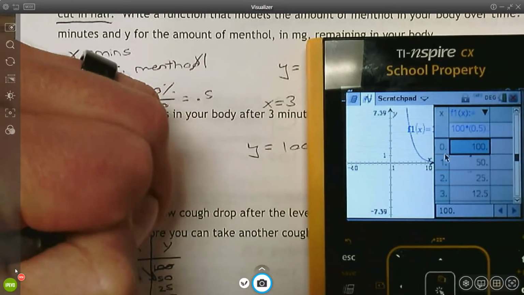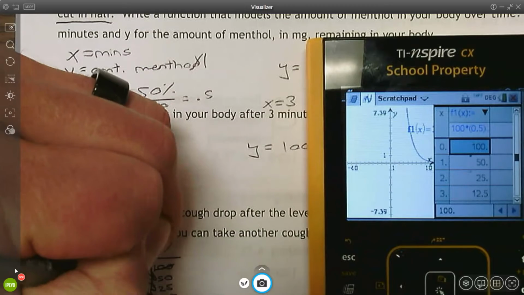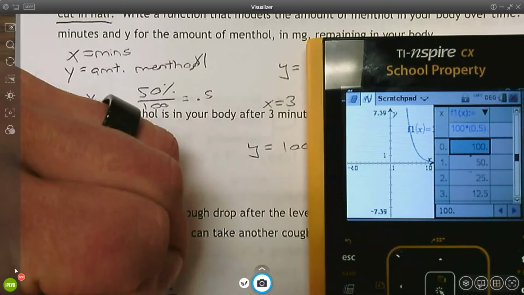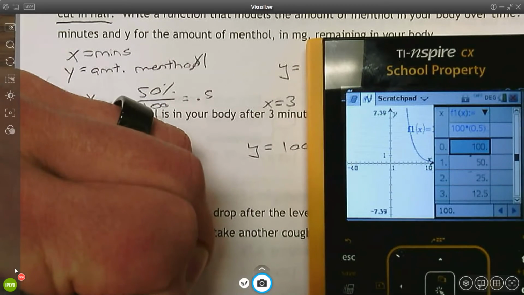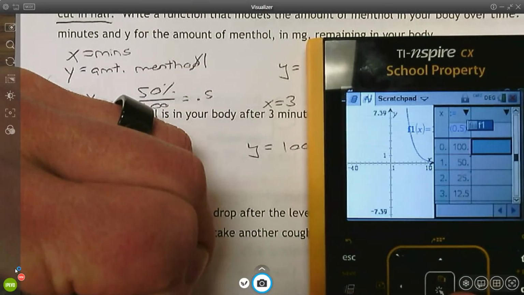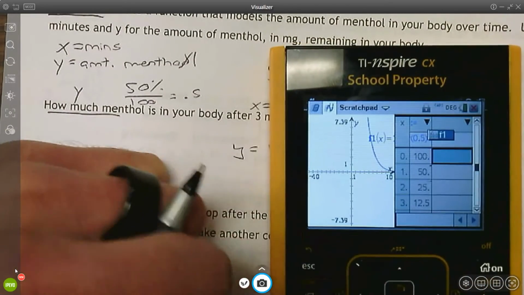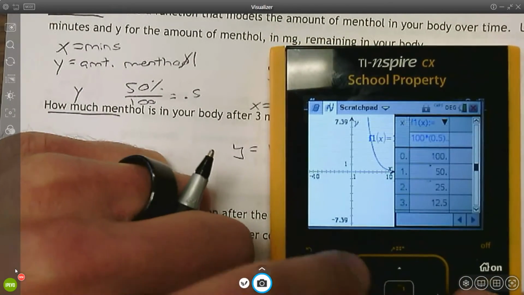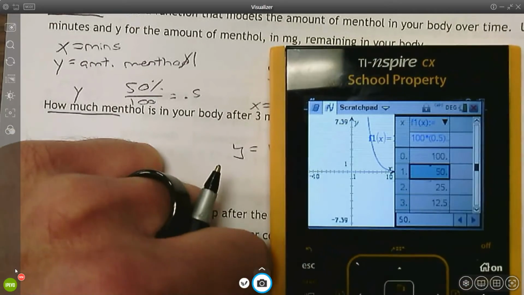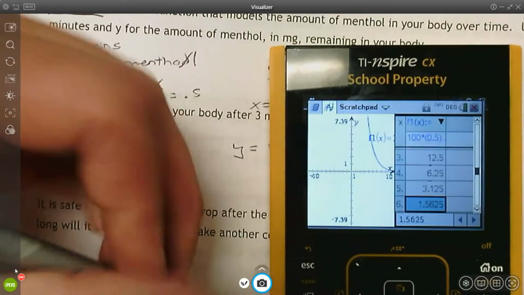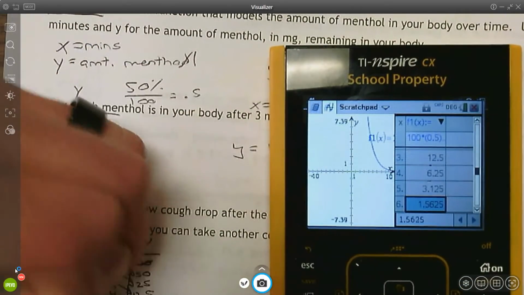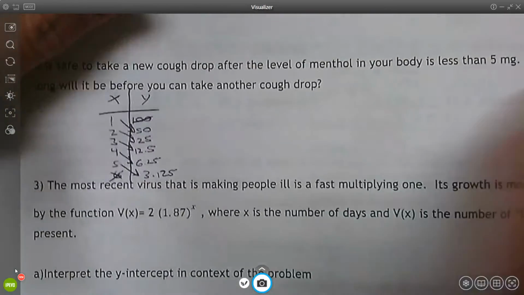After 1 minute, there's 50. 2 minutes, there's 25. 3, there's 12.5. 4, there's 6.25. And after 5 minutes, there's 3.125 after 5 minutes. Oh, you can't even see that anyway.